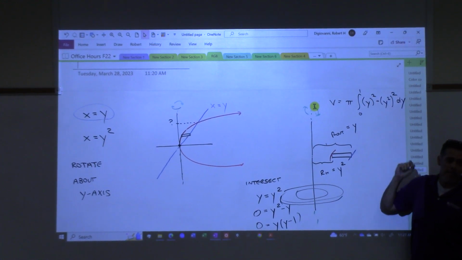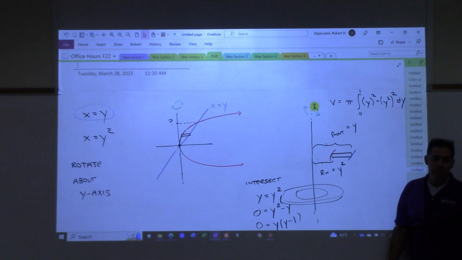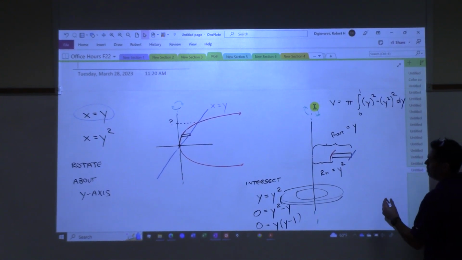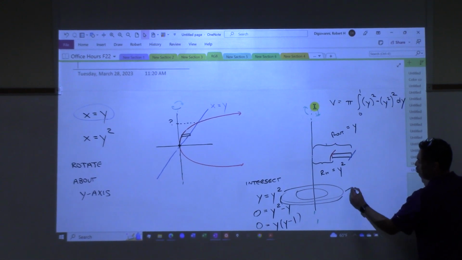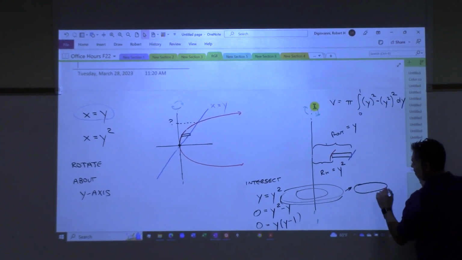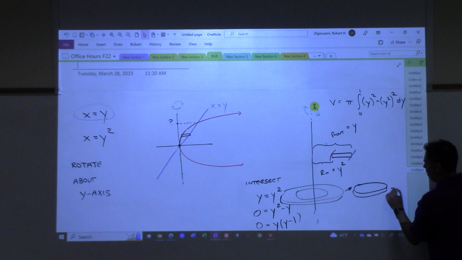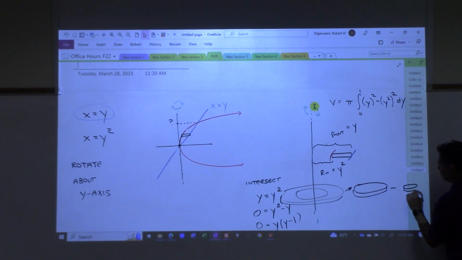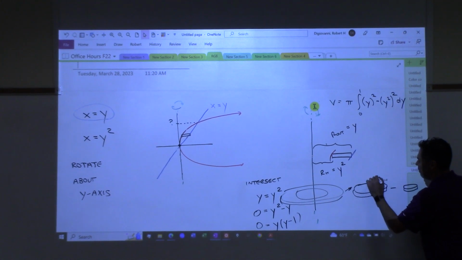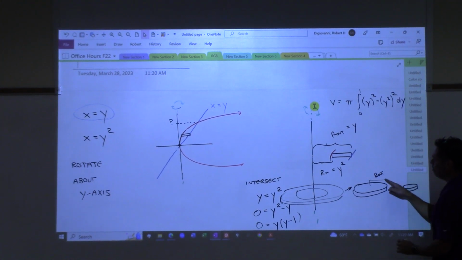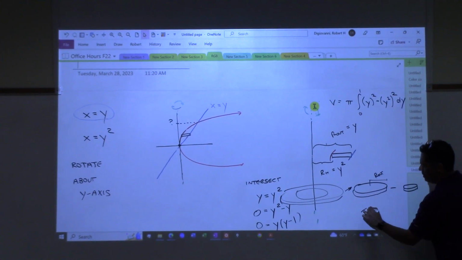Why isn't it y minus y squared, squared? Because we're looking at this washer as a big disk minus a small disk. Right. This right here has a radius of r out. So the volume of this is pi r out squared h.